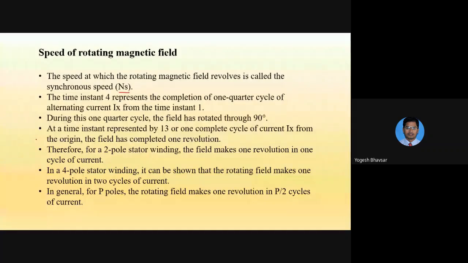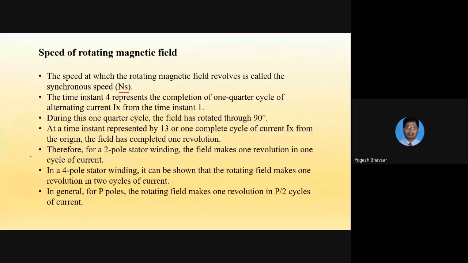Therefore, for 2 pole stator winding, the field makes 1 revolution in 1 cycle of current. आपण हे 2 पोल कन्सिडर केलेले त्याला 1 रिव्होल्यूशन कंप्लीट करण्यासाठी 1 cycle of current घेतली.